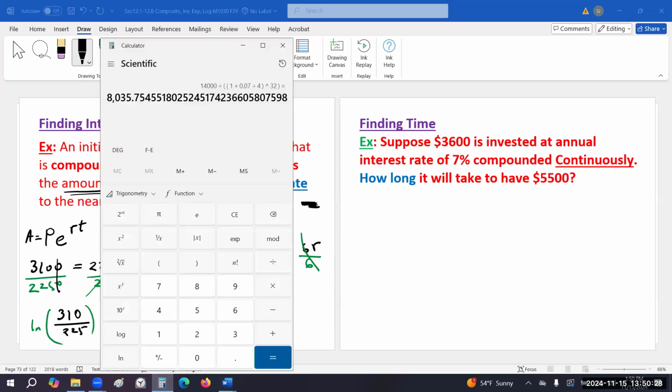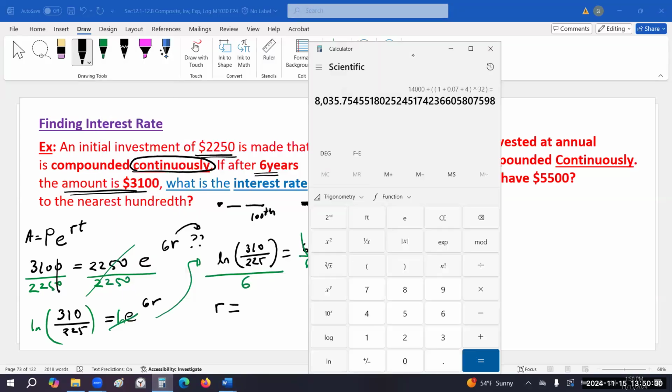So go to our calculator. My calculator is special. First, I have to apply the numbers, starting with my parentheses: 3100 divided by 2250. That number, we apply ln, and whatever we get, we divide by 6.